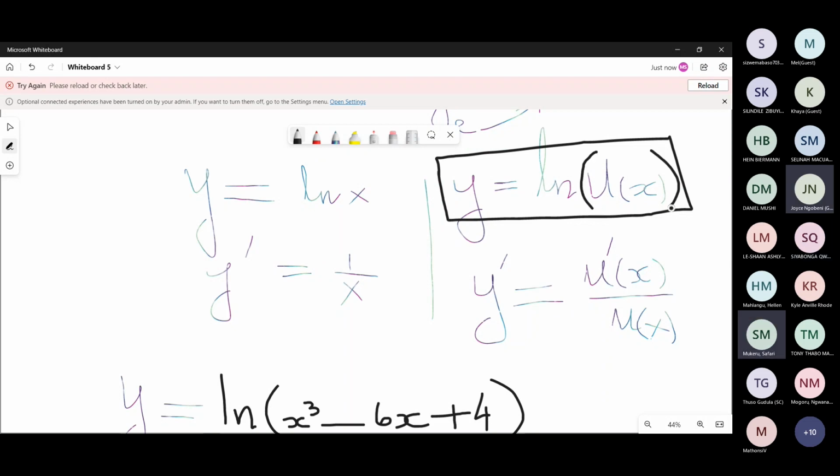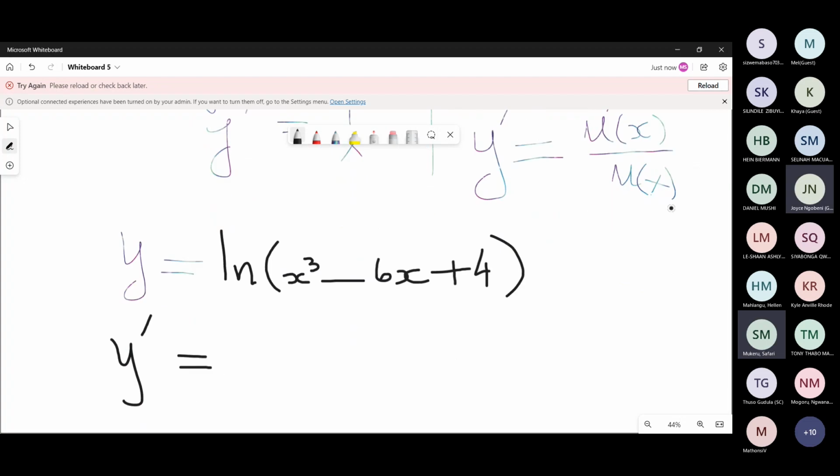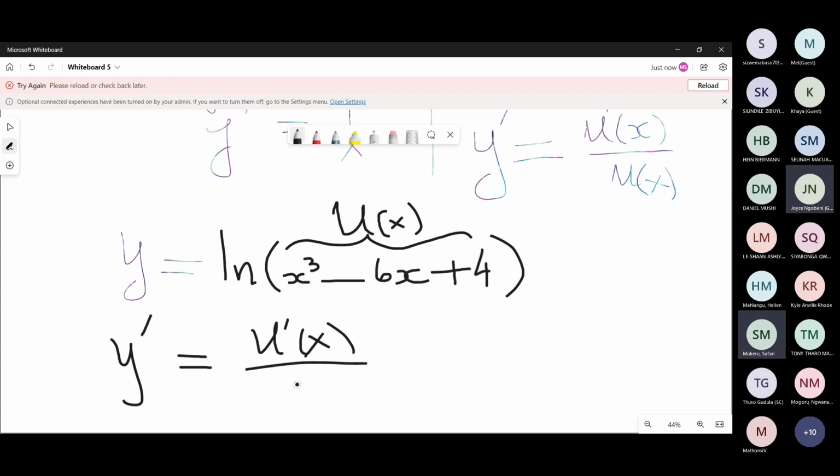This is what we call the function u. I call this u of x. And how then do we compute the derivative? Of course, we take u prime and we divide by u of x.